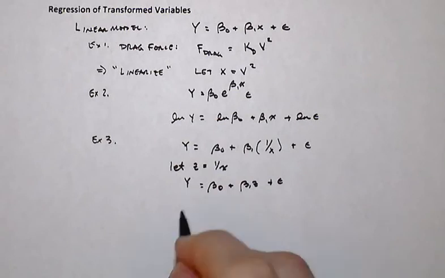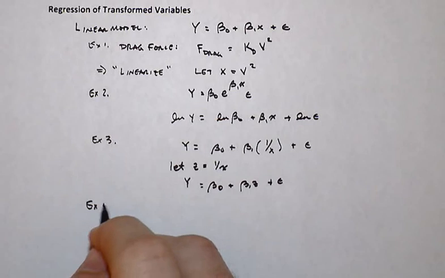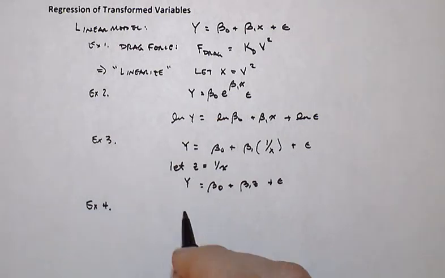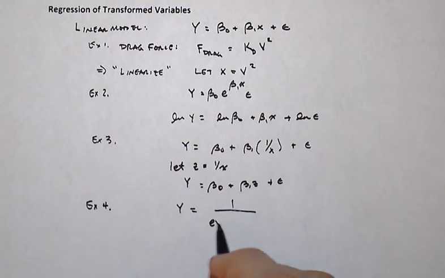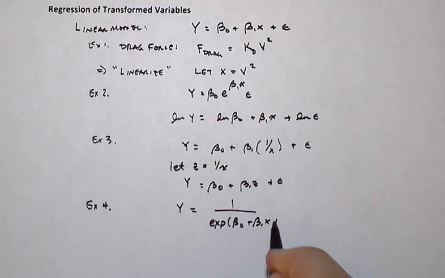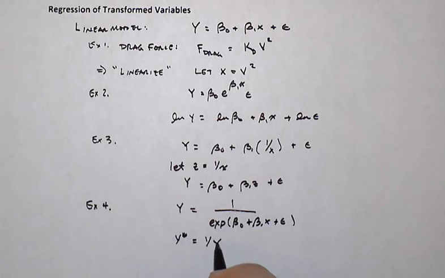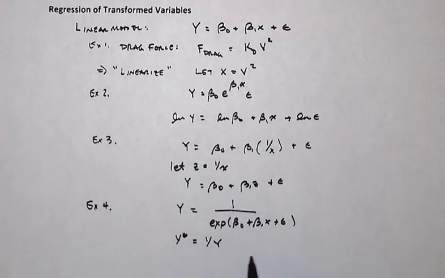So for our final example here, y equal to 1 over exp of beta naught plus beta 1x plus our error term, right? So you could let y star, the response function, be 1 over y, and then you could linearize again by taking the natural log, and so on and so forth.